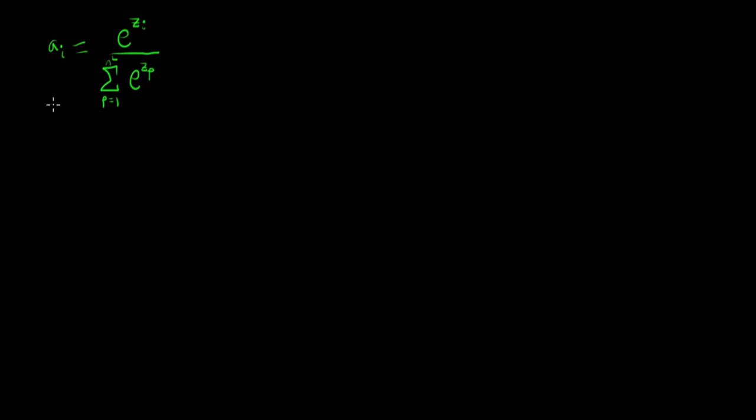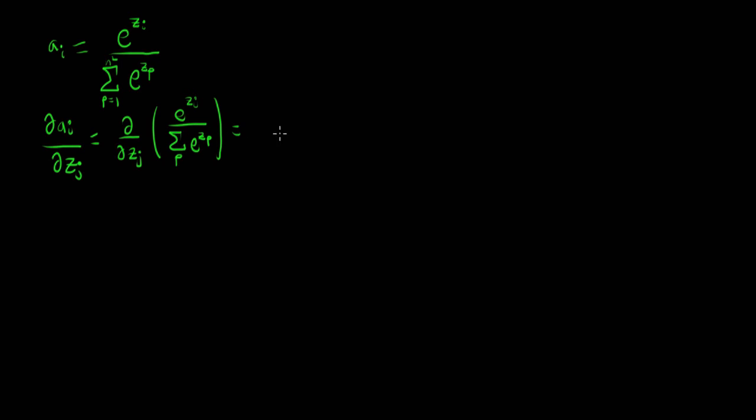So we want to compute the derivative of ai with respect to zj. Okay, so this is the derivative with respect to zj of e to the zi over sum over p of e to the zp.